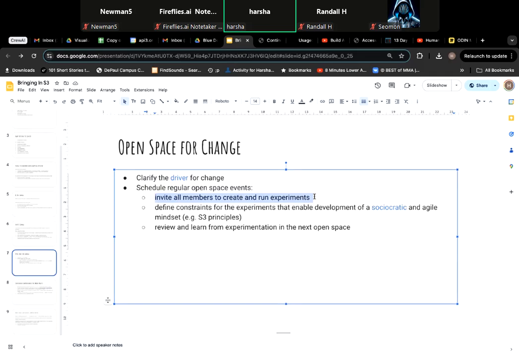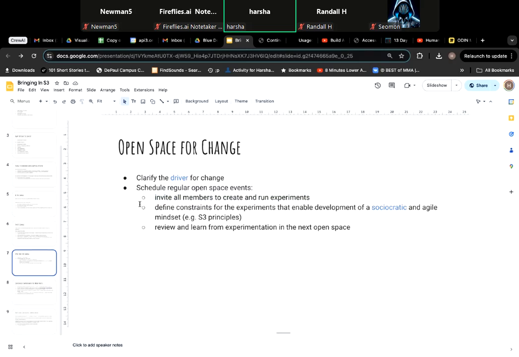Are we saying the invitation is for members to come propose a driver, or is it to run experiments in parallel? I'm not too sure, but my understanding at the moment is instead of just one person proposing process changes, we invite people to propose process changes based on their experiences and tensions. That is my understanding of this one.